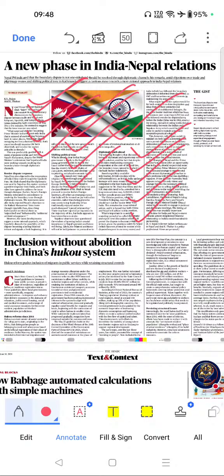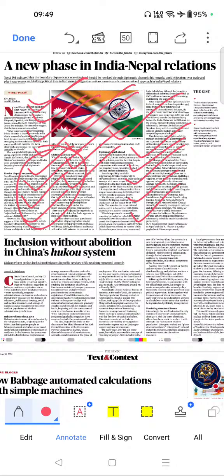The possible question areas from this topic are Lipulekh Pass, Kalapani region, Treaty of Peace and Friendship 1950, and India-Nepal open border. These are the four important possible question areas from this article.